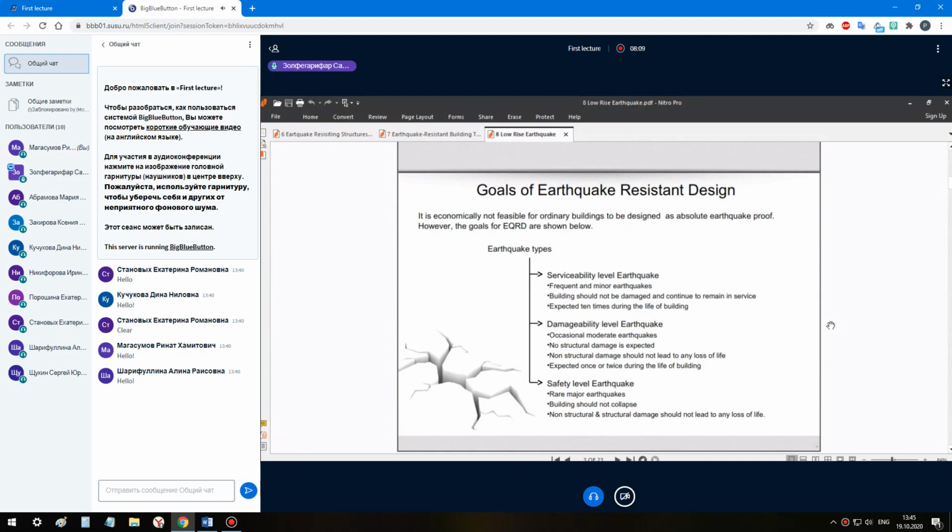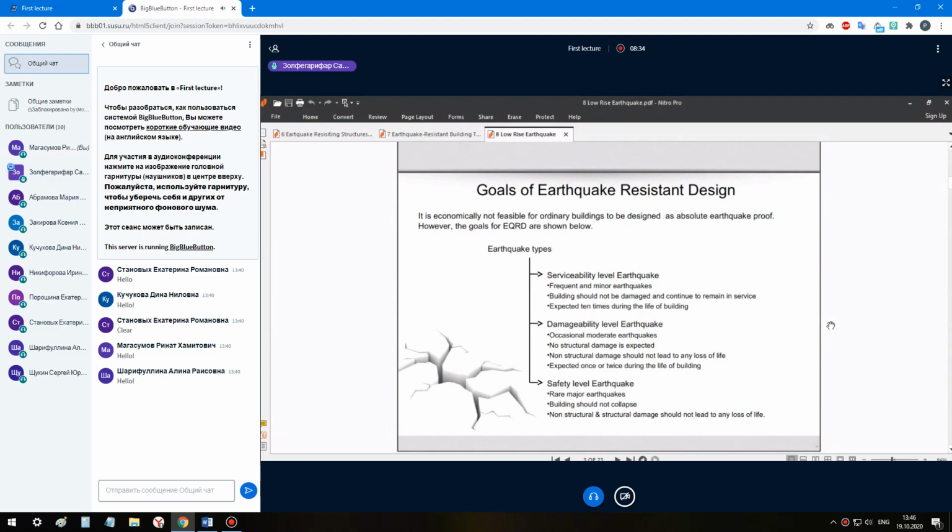The first type of earthquake design is the serviceability level earthquake. This is for frequent and minor earthquakes.